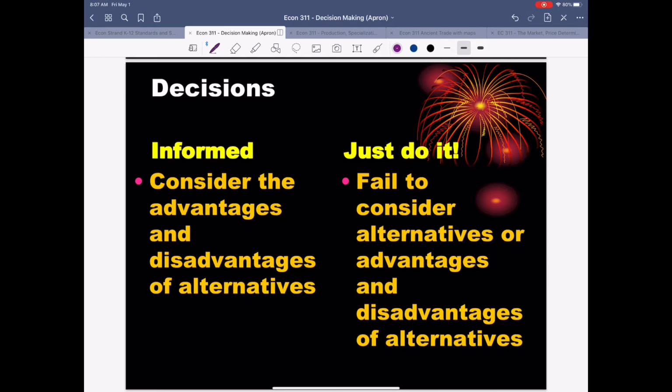The "just do it" or the uninformed decision does not have the information and then as a result fails to consider the alternatives and the advantages and disadvantages of those alternatives. So you'll see very clearly in the story Tops and Bottoms that you get a good picture of informed versus uninformed, another opportunity for your students to really see the importance of the decision-making process in making good decisions.